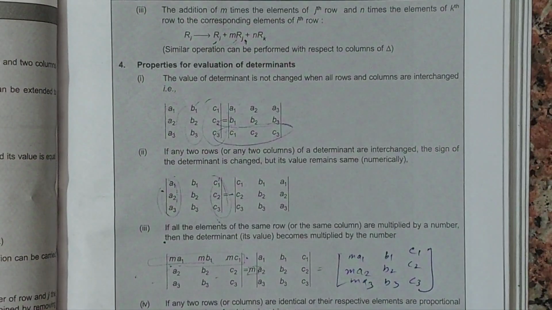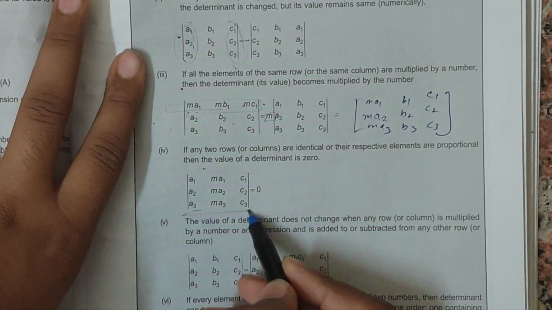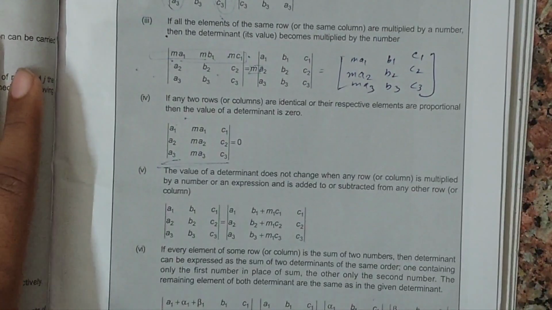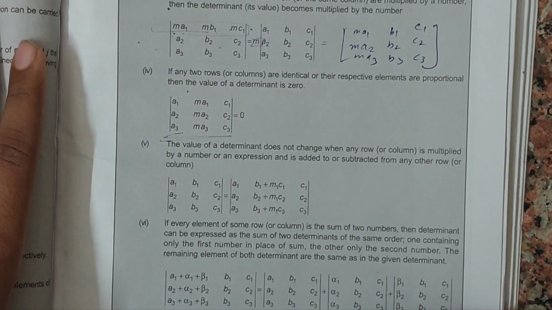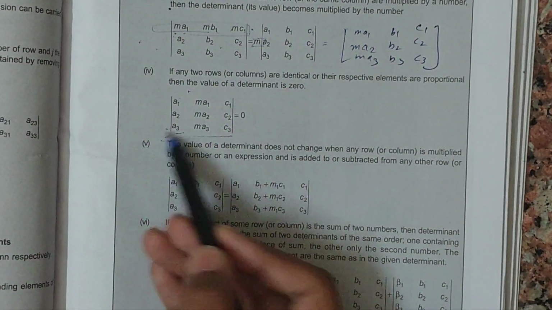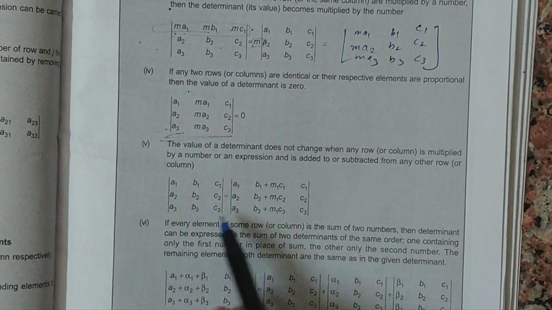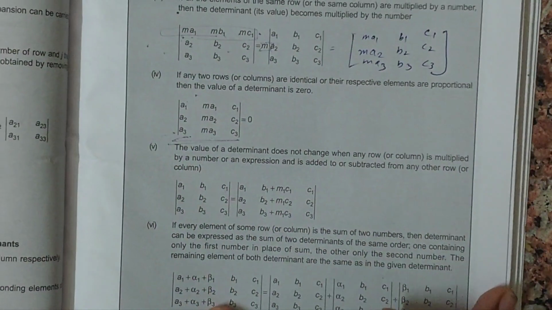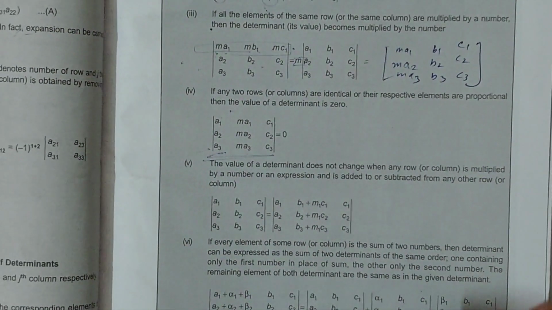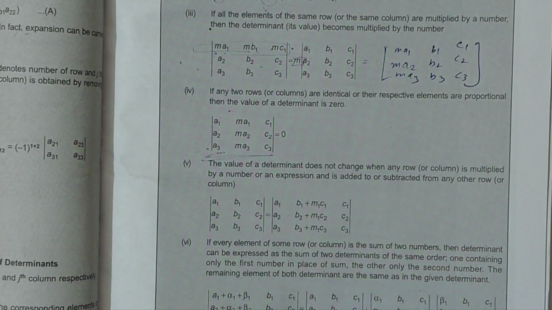Even if you solve it, you will get to know that it's always 0. So the value of the determinant does not change when any row is multiplied by a number or expression, or is added or subtracted from any other rows.